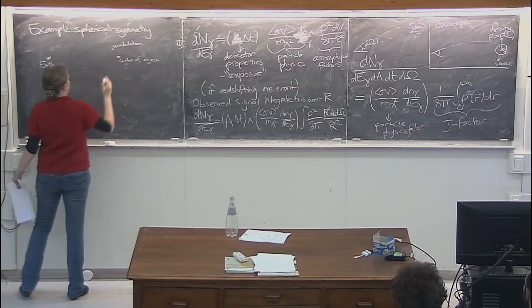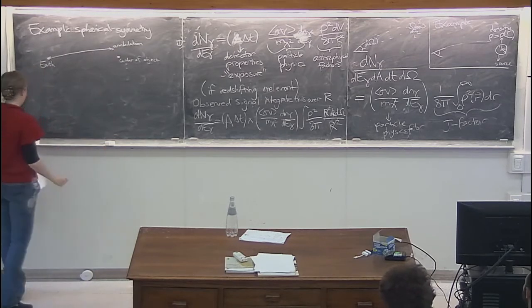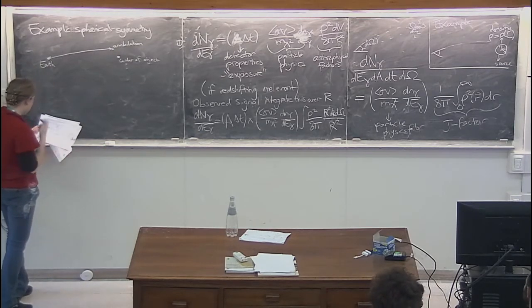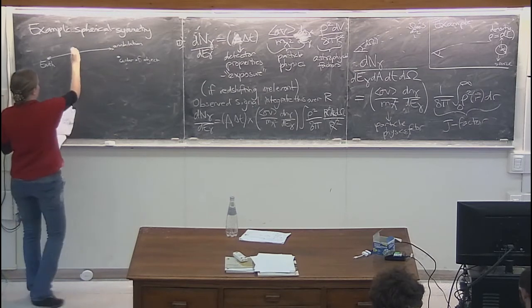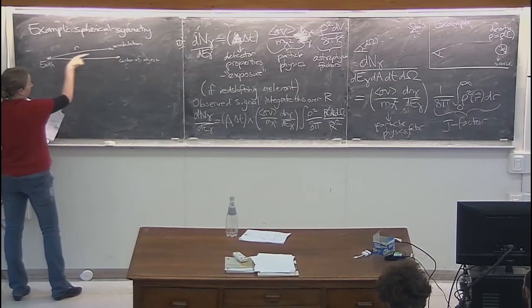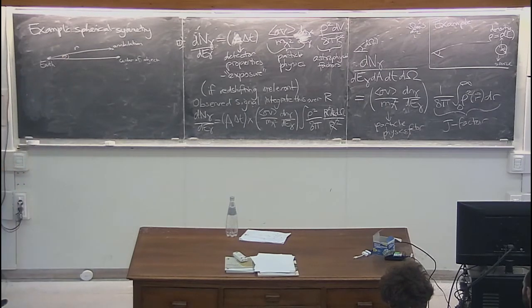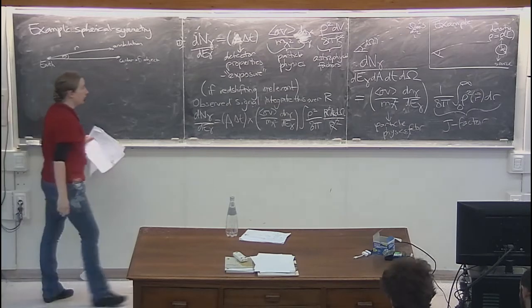For the J factor integral, we want to know what this distance is. Let's say the angle between this line and the center of the object is theta. So we're using polar coordinates centered on the Earth.